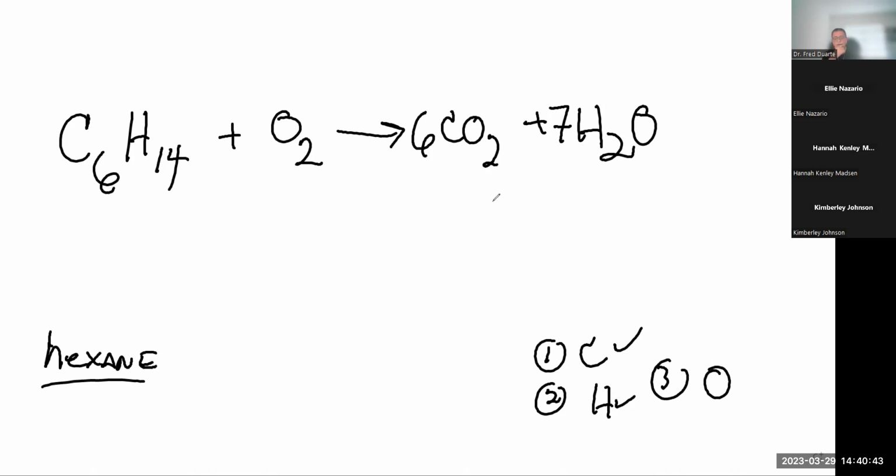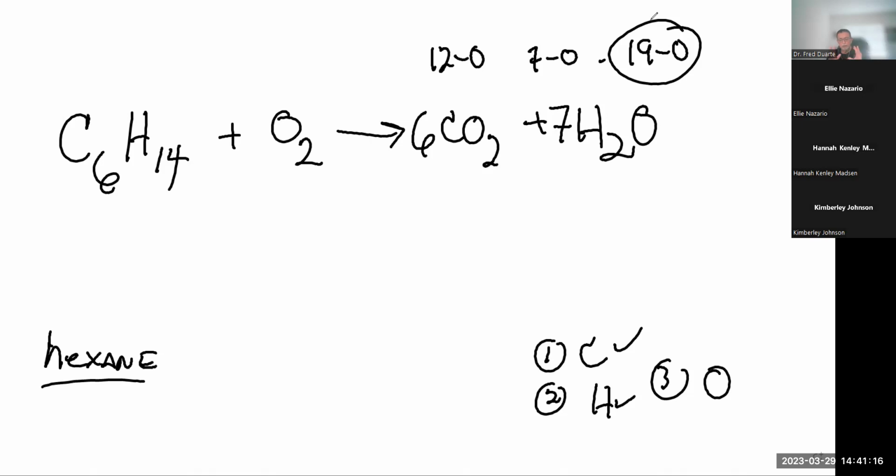Well, on the right side, I have 12 coming from carbon dioxide and 7 coming from water. So that is a total of 19 oxygens. Do y'all see that? Okay, 19 oxygens. So it's not a number that's easily divisible by 2. Okay, it's an odd number.